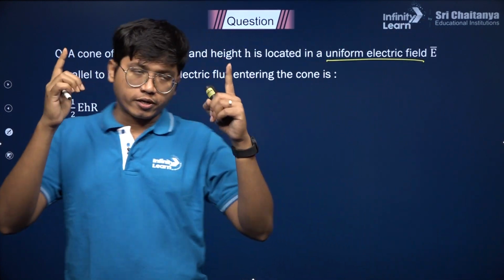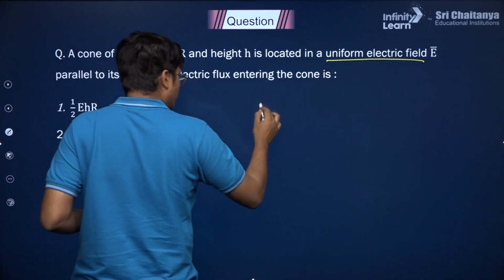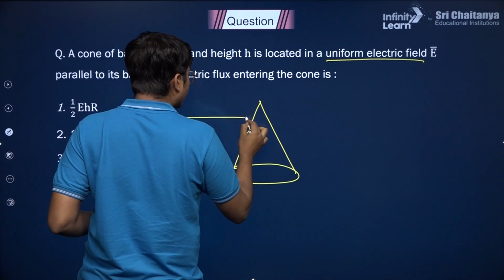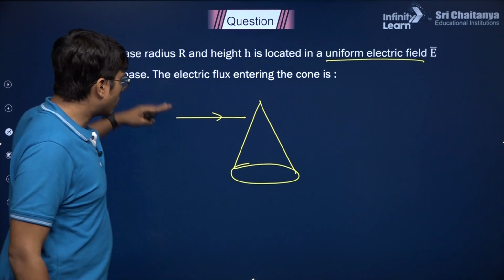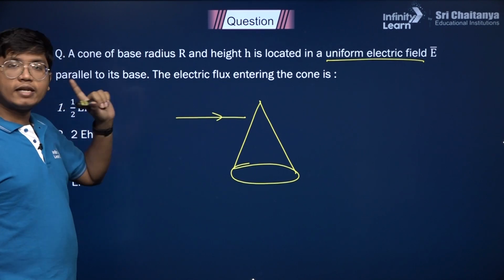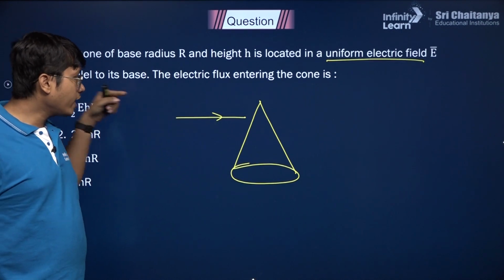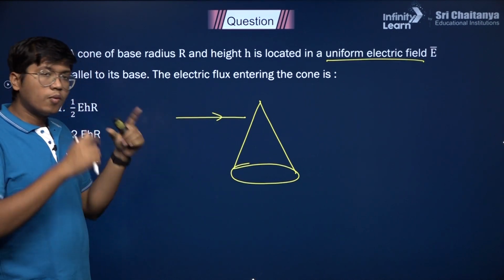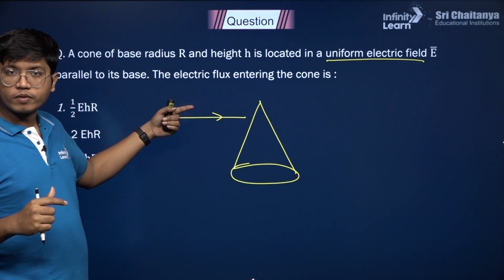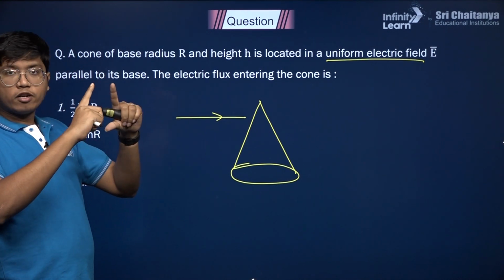So now try to picture it. You have a cone over here and you have the electric field in this direction, because it says it's parallel to the base. Now since you want to find the flux through this, the best way is to visualize what the cone looks like from the side of the electric field.